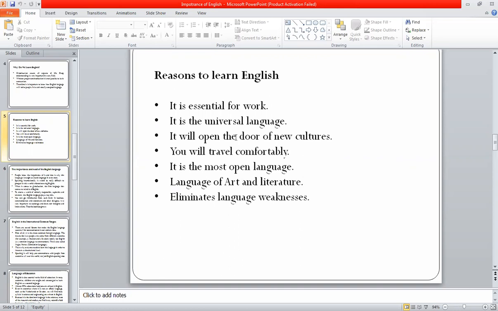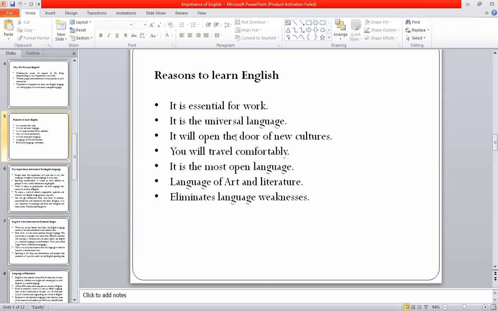Then for traveling purposes also, you will travel comfortably when you are traveling to foreign countries. Okay, so in foreign countries, the common tongue which you will use will be beneficial for you when you are using the English language for communication.